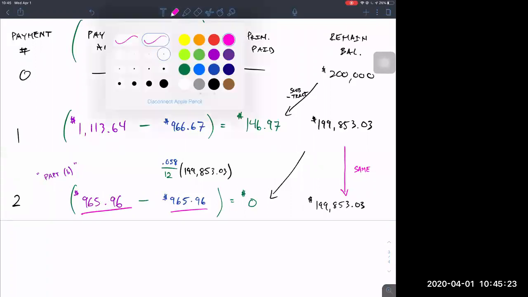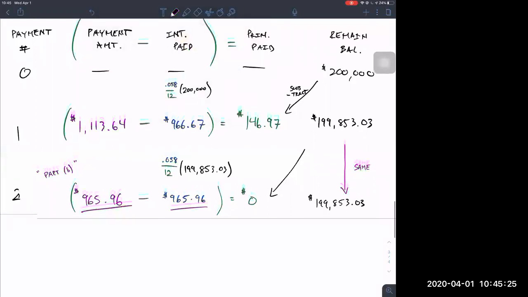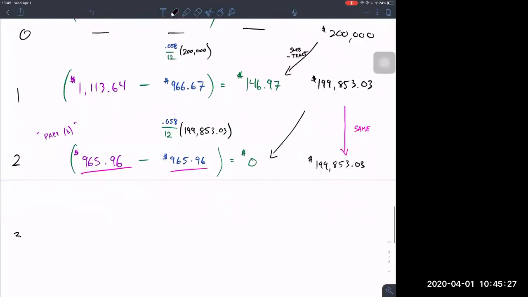Because what happens when you go to number 3? If you go to number 3 now, lo and behold, this number is exactly the same. I don't have to do the calculation again, because if you pull this fraction down, the remaining balance is still the same.